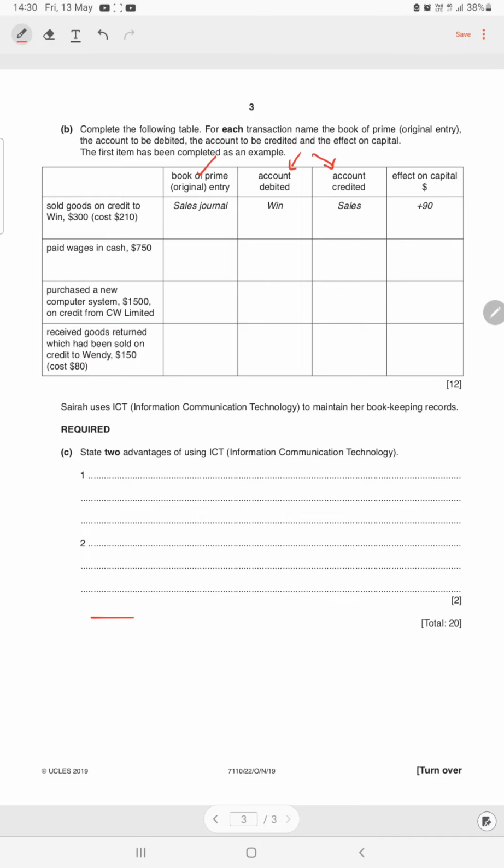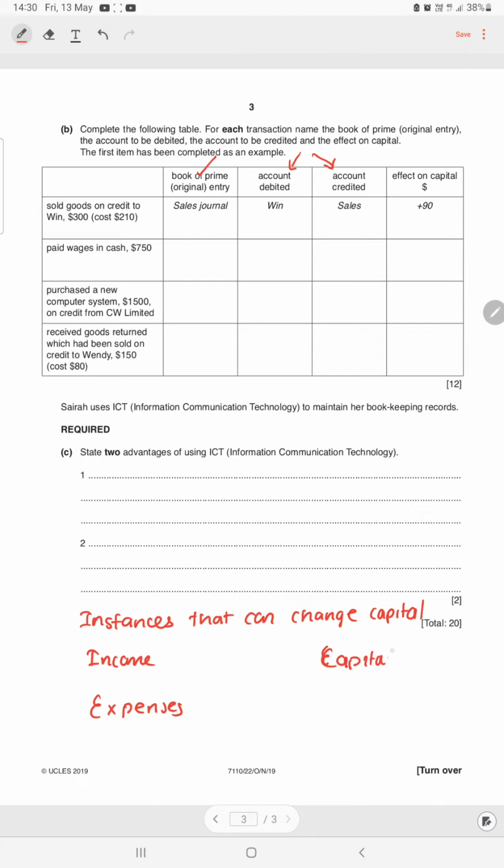What are the instances that can change capital? We have covered this as well, but I'm just revising. Instances that can change capital. There are only 4 instances: income, expenses, capital, and drawings.